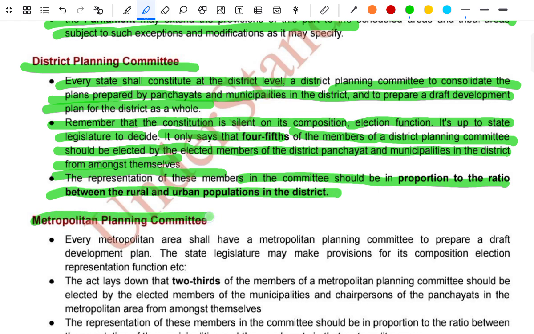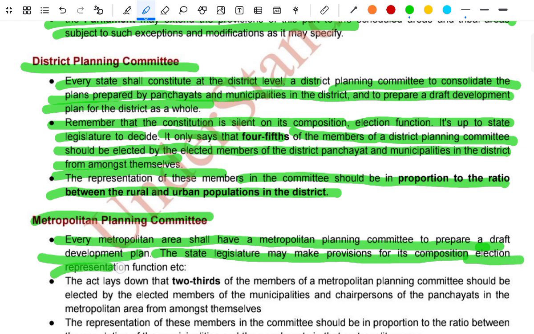Metropolitan Planning Committee. Every metropolitan area shall have a Metropolitan Planning Committee to prepare a draft development plan. The state legislature may make provision for the composition, election, representation and functions.